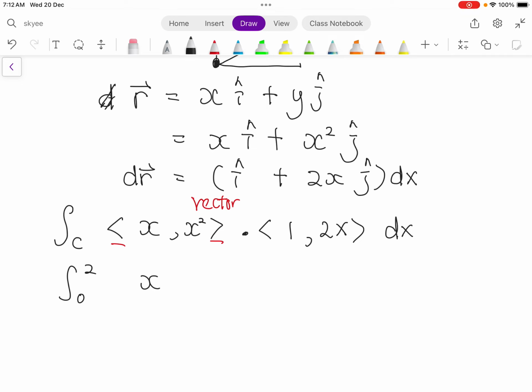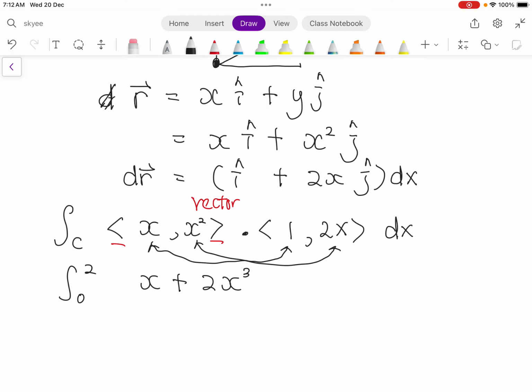So how you do it is the i component multiplied with the i component and the j component multiplied with the j component. And plus 2x cubed.